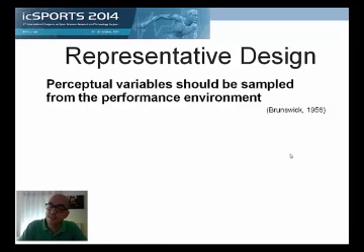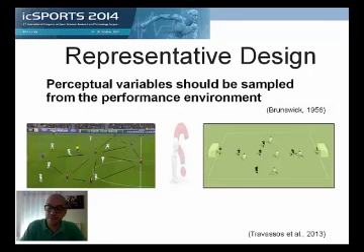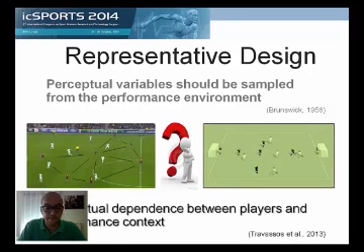Moreover, in a recent meta-analysis, we observed that the differences between experts and non-experts are more evident not only when the perceptual variables for action were maintained, but also when the players explore the research tasks as they do in the performance environment. In general, we consider that to maintain the representativeness of the practice tasks over training sessions, we need to maintain the dependence between the players and the performance context.